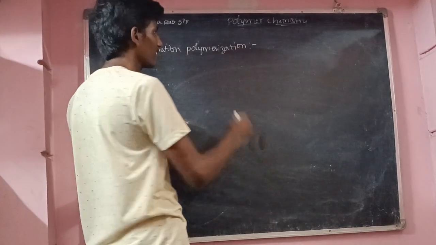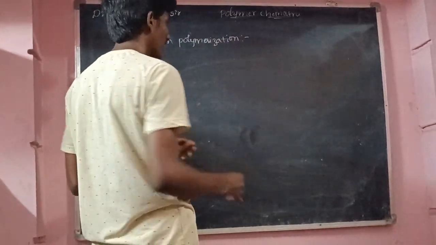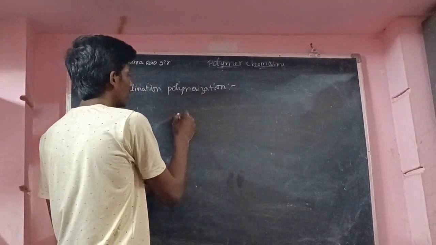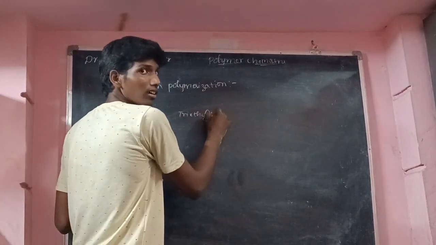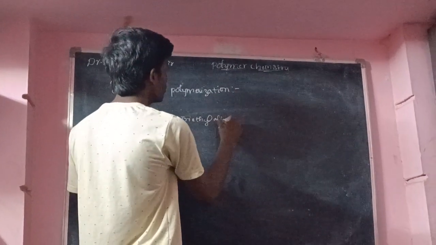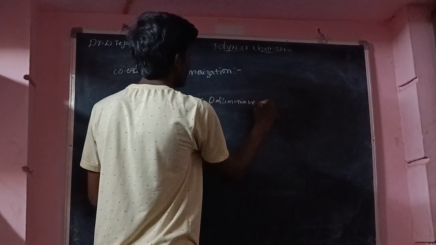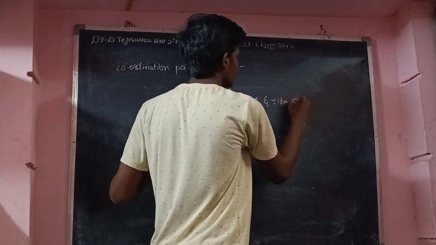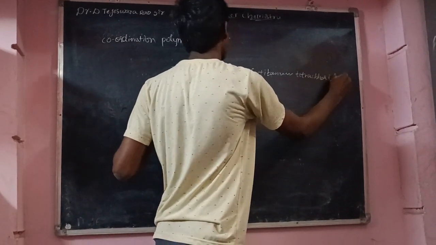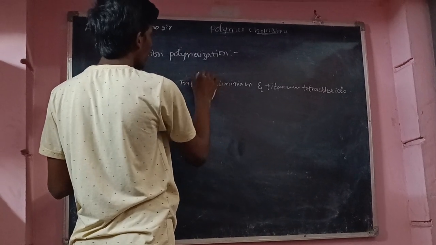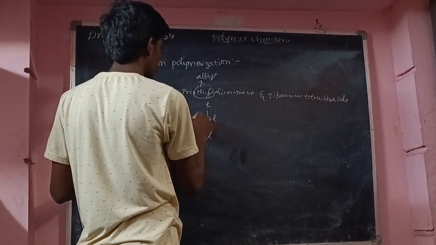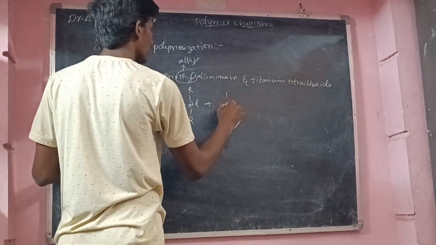Ziegler-Natta is triethyl aluminum, or ethyl or any alkyl, and titanium tetrachloride.